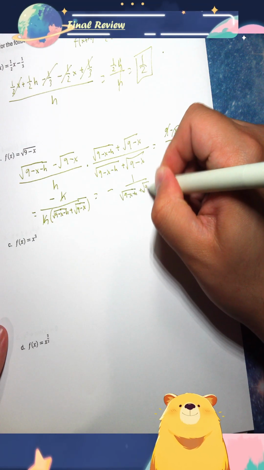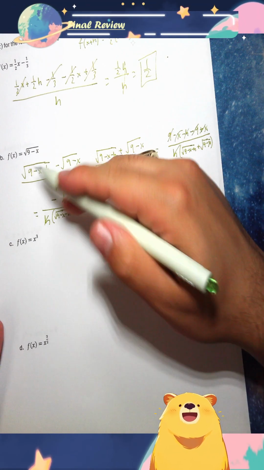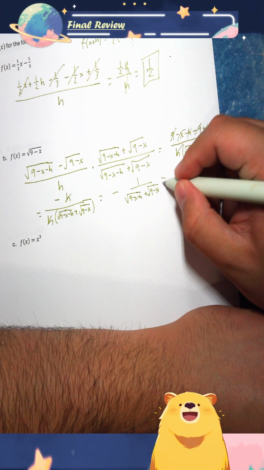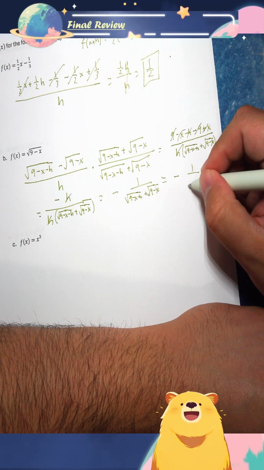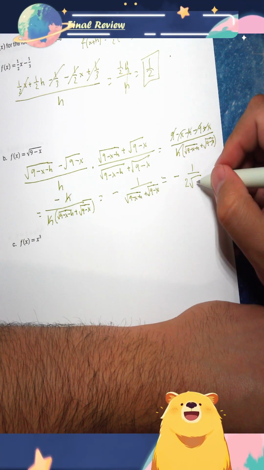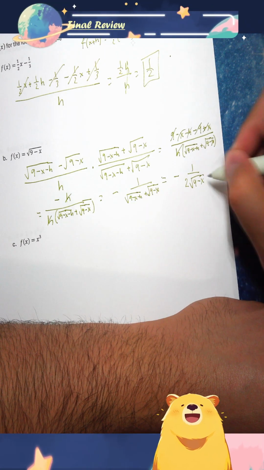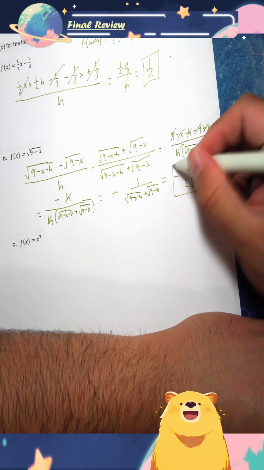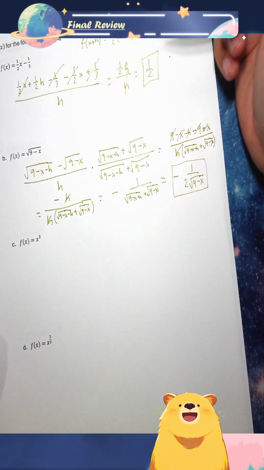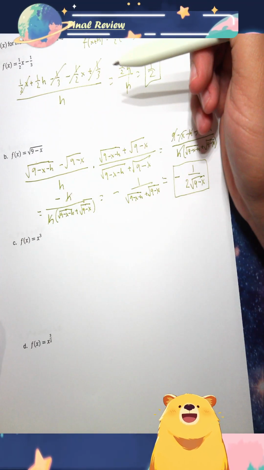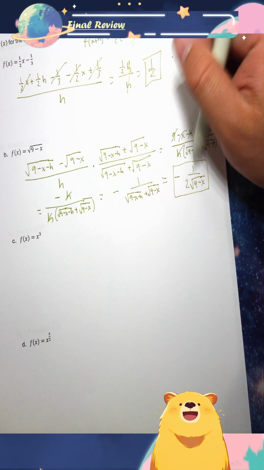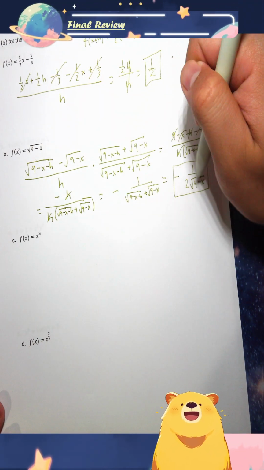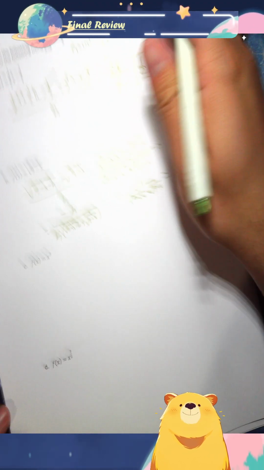And then at this point, you can use the fact that the limit is as h goes to 0, and you can just plug that in, and you'll get negative 1 over 2 square roots of 9 minus x, because you'll have two 9 minus x's after the h becomes 0. And that would indeed be your answer if you did the derivative. The negative would come out because of the chain rule, and then we know the derivative of a square root like that would be 1 over 2, and then the square root's on the bottom.